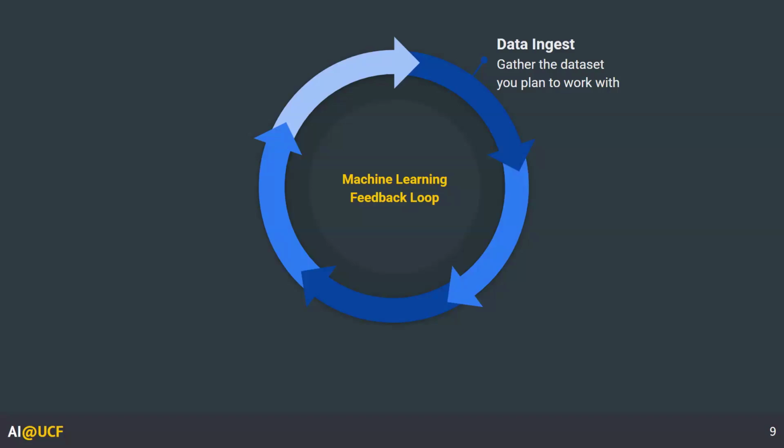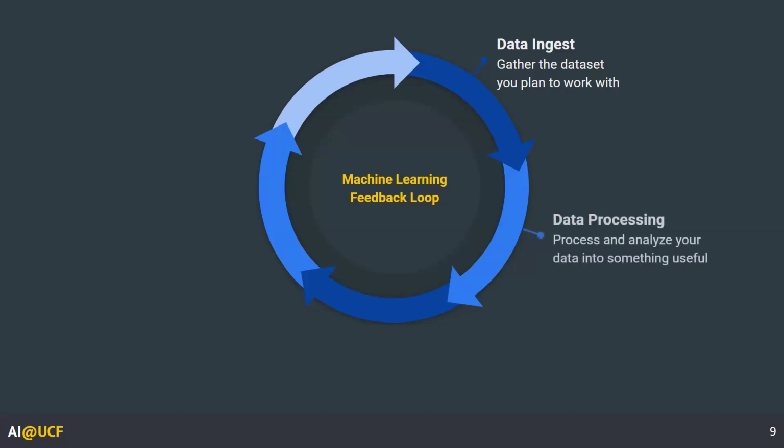That could be collecting your own data, like going and taking pictures of cats and dogs out in the world, or you can gather it from the internet. That's what OpenAI did for ChatGPT. They just scraped the entire internet of all their text information and trained ChatGPT off of that. So you just got to gather all the data you can for your task so that you can train a model.